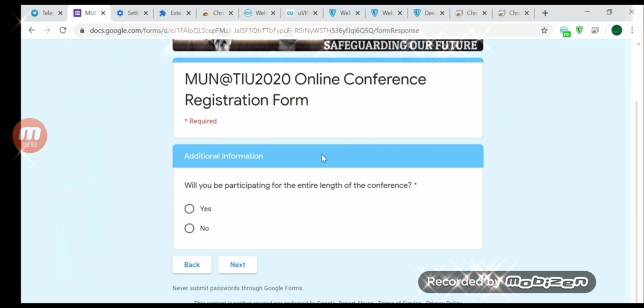So organizers always look for committed people. So please choose yes, even if you will not be able to participate in the entire conference, just to be accepted. Then we are moving on to the next stage.